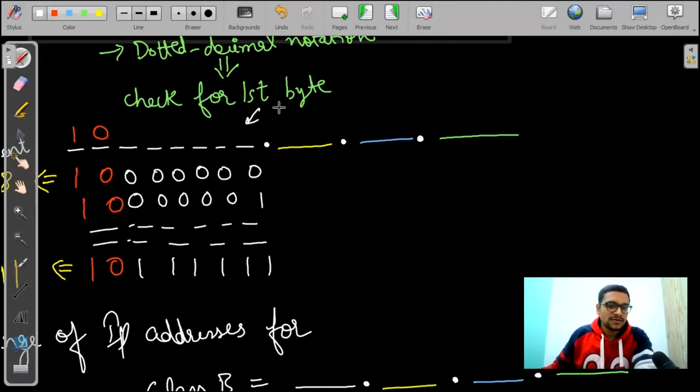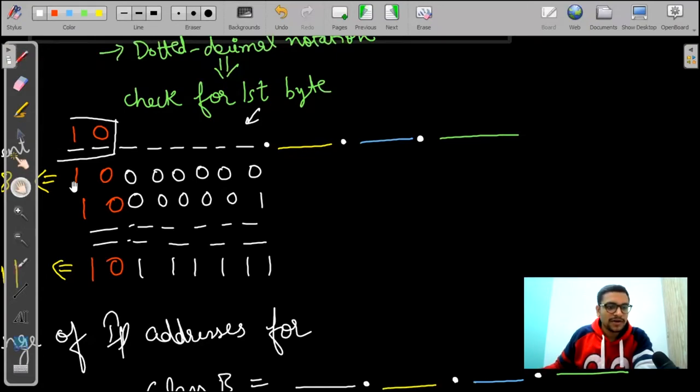So for checking the first byte, the leftmost 2 bits are restricted to 1 and 0, and the rest of the bits in the first byte can have any combination of zeros and ones. So it starts from 1 0 0 0 0 0 0 0 and it can end at 1 0 1 1 1 1 1 1 for the rest of the 6 bits.